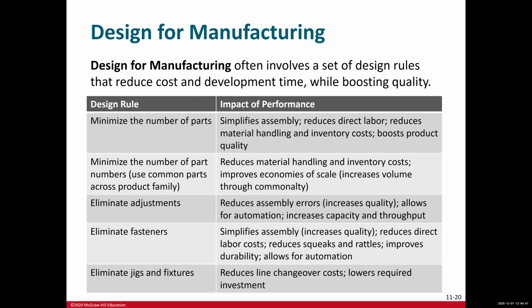You'll see that mainly we want to reduce direct labor costs, reduce different costs, improve durability, improve quality. And of course, the best way for manufacturing, especially these days with AI, is automation.